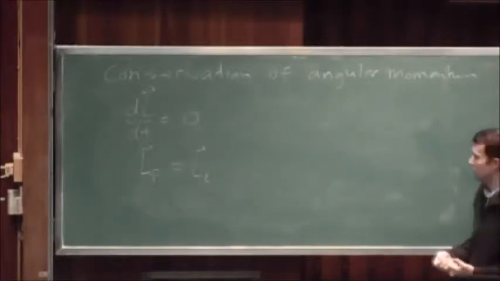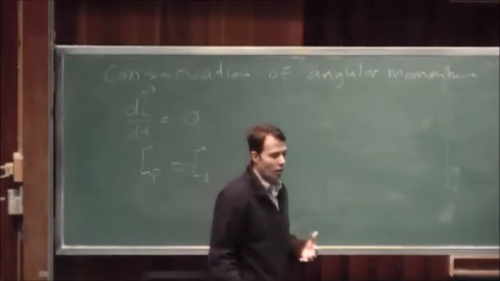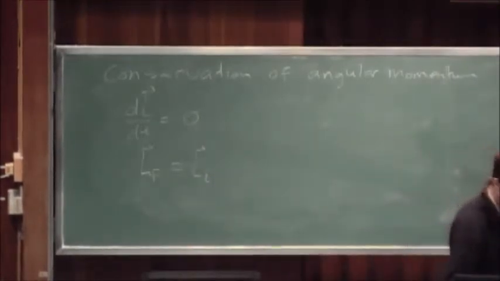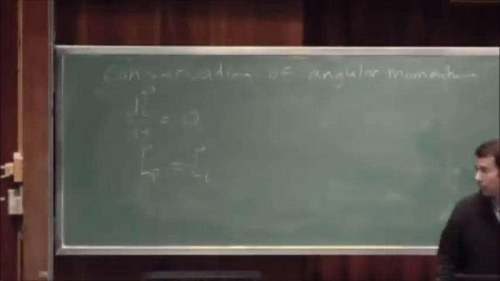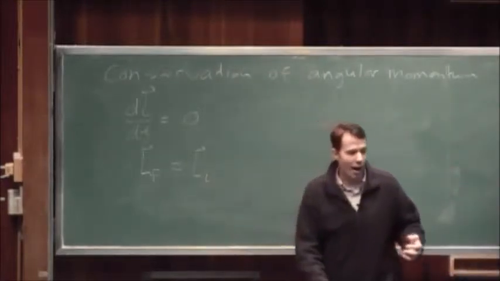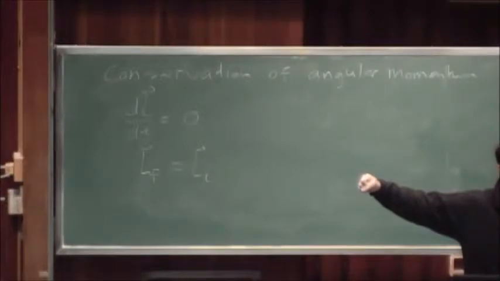Now this is kind of neat, because what this says is, what if something changes while I'm doing this? For example, remember the weights when we spun around on the chair?